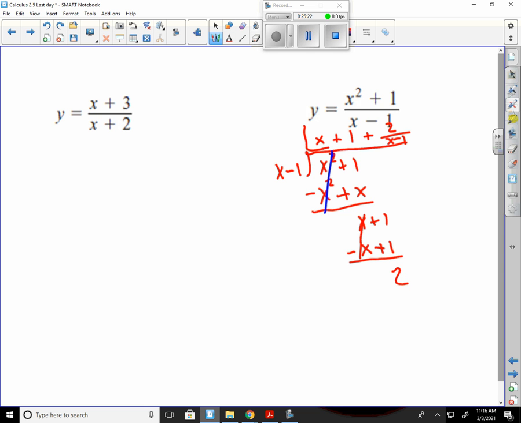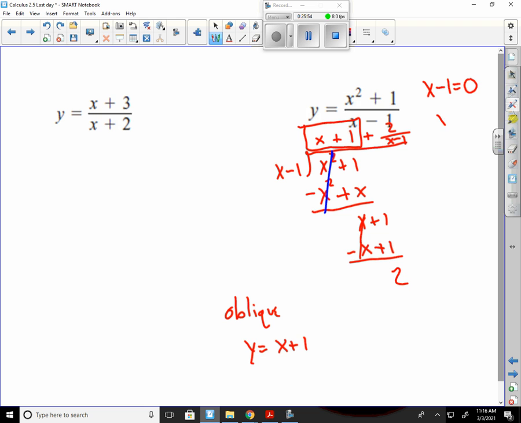Because I actually end up with an equation here, that tells me it's an oblique asymptote, so you have to write that out. The equation of the oblique line is y equals x plus 1. Then my remainder tells me also that there's a vertical asymptote, and I need to figure out where that is. So I take the denominator and solve it. x minus 1 equals 0.